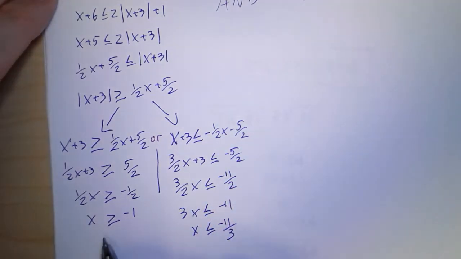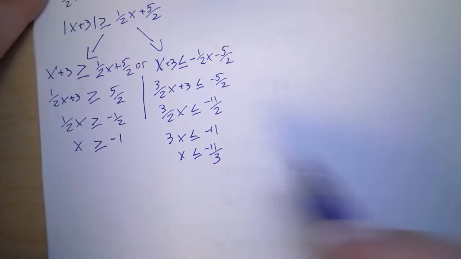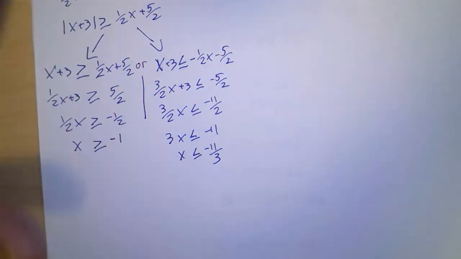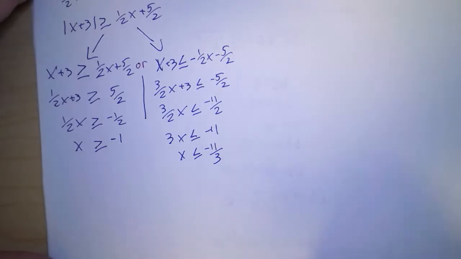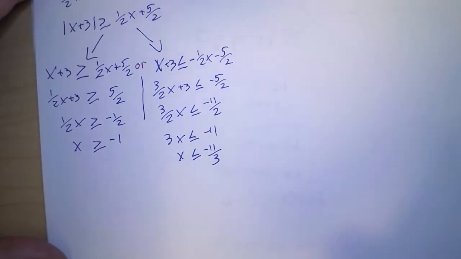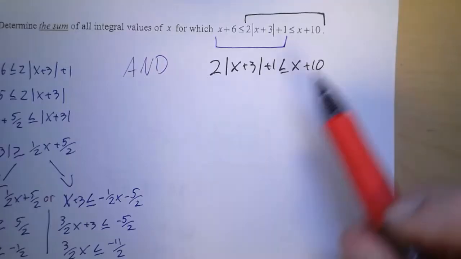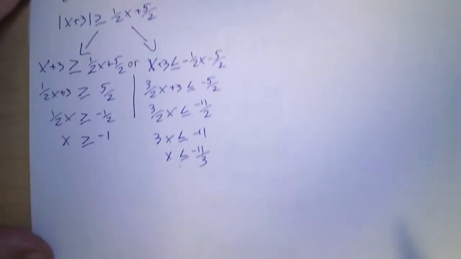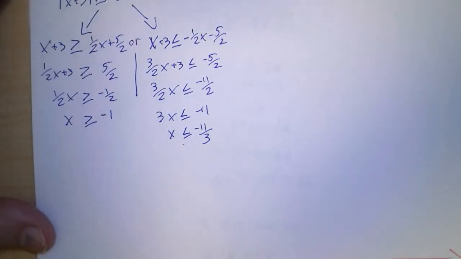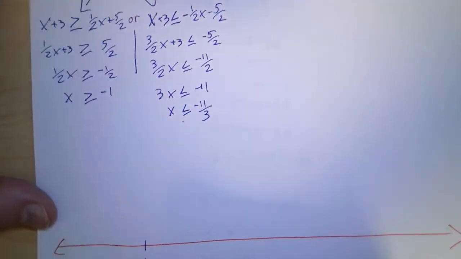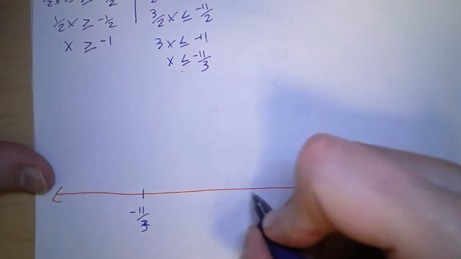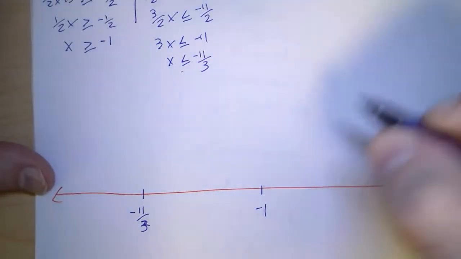Now again, it has to fit either this or this. So down below, I'm going to draw out a big number line because it has to account for all the solutions, not only from this side, but also from the other half that we have yet to solve. So negative 11/3 we'll put over here, in thirds, on our number line, and then we'll have negative 1.